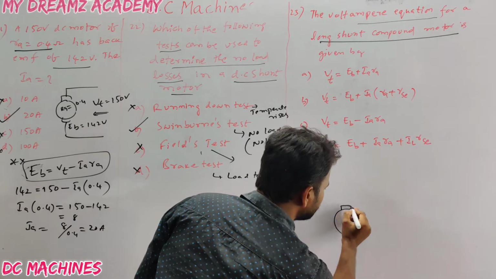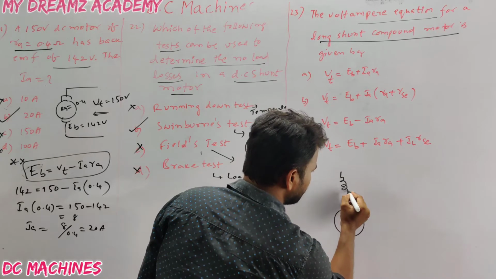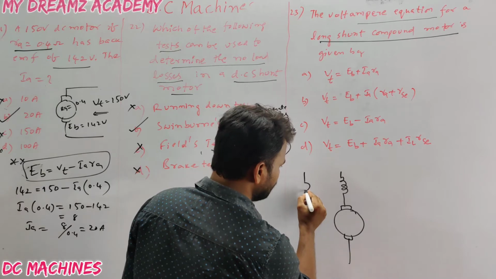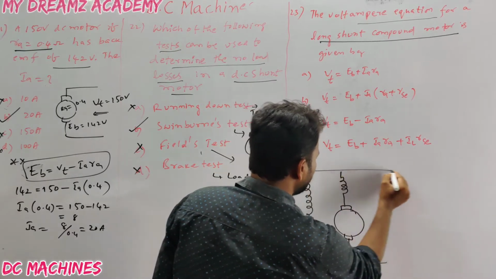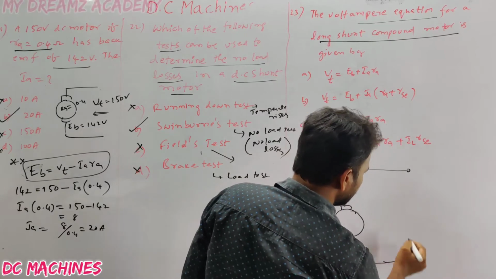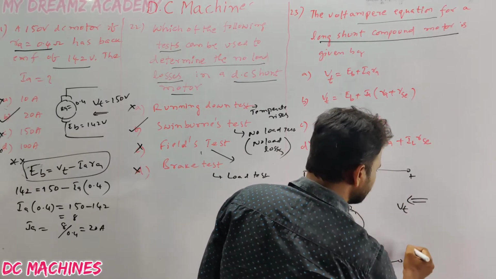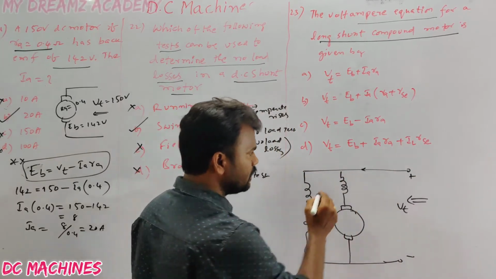This is our armature, and one field winding is connected in series. This total combination is connected across the parallel winding, and here the electrical supply is there, the terminal voltage positive and negative. The current is flowing here.